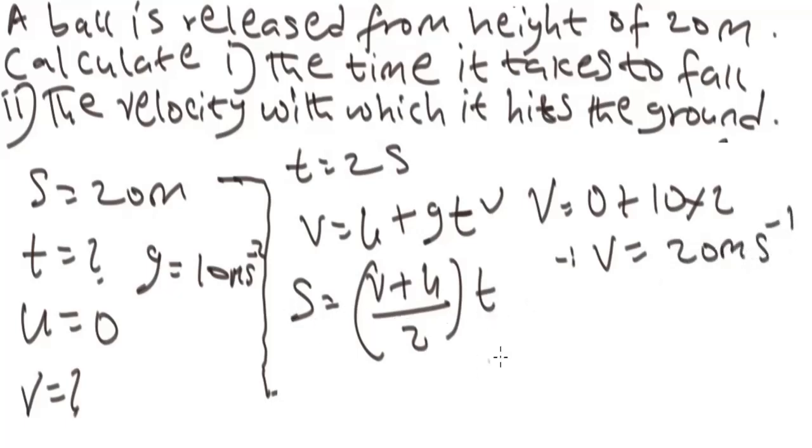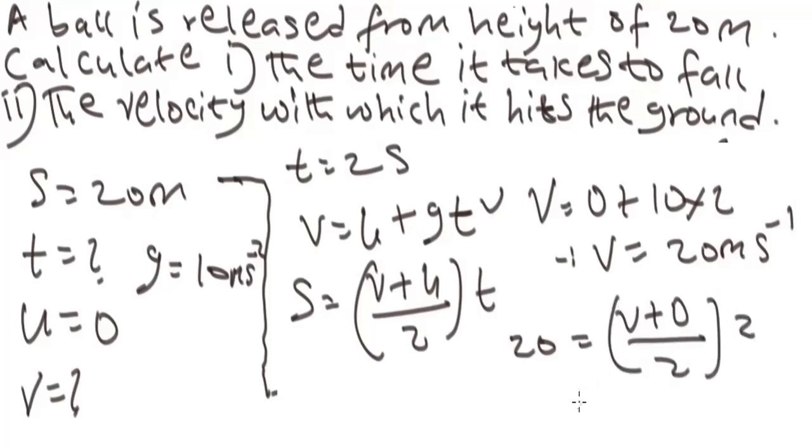Whereas if you use this other one, our x is 20 equals v, which is unknown, plus u, which is 0, over 2, times the time, which is 2. When you simplify this, you have 20 equals 2v over 2, and multiplying out you have 40 equals 2v.